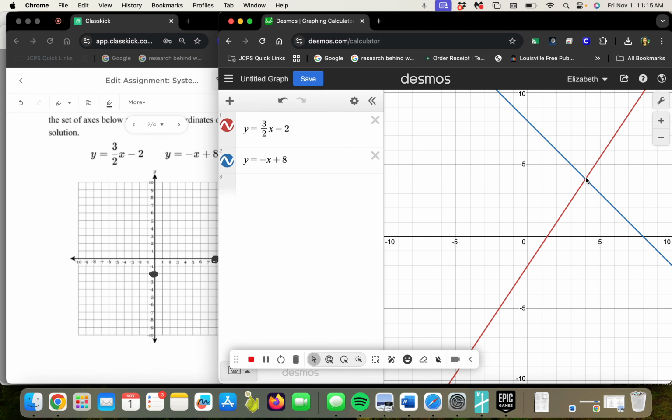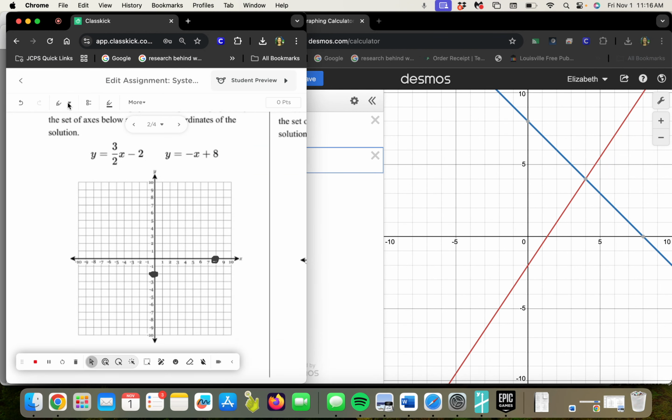And then the most important piece is right here where the two lines cross, right here at this intersection point. Which is right here at 4, 4. So I am going to put a dot right here on my graph at 4, 4.